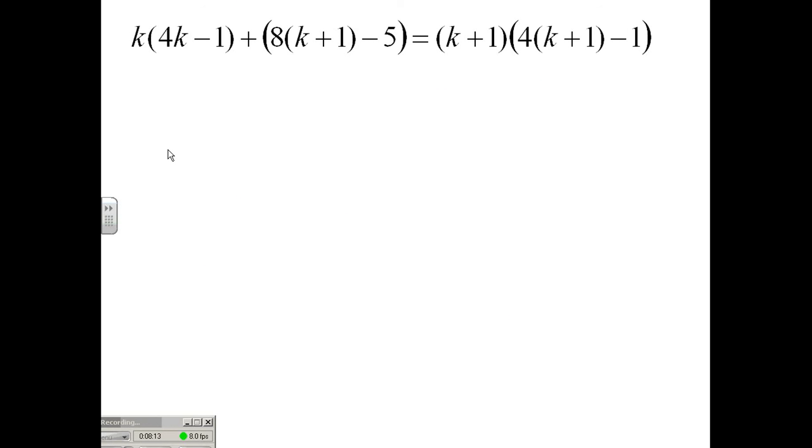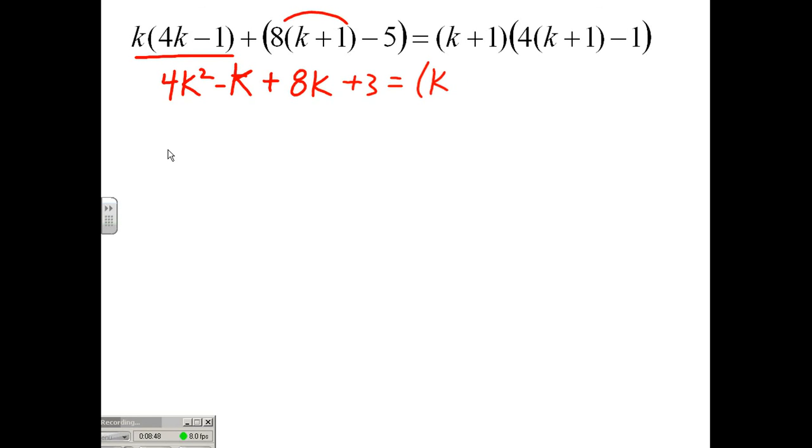So we're back, and you get one line to not have to read through my messy writing. This is where we left off at the last step after our substitution. So now, simplifying this, we should be able to pass this off to a good freshman Algebra 1 student. A little distribution, 4k squared minus k, plus, here I would get 8k plus 8, but minus 5 plus 3.